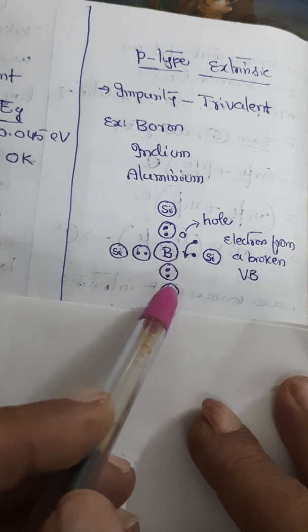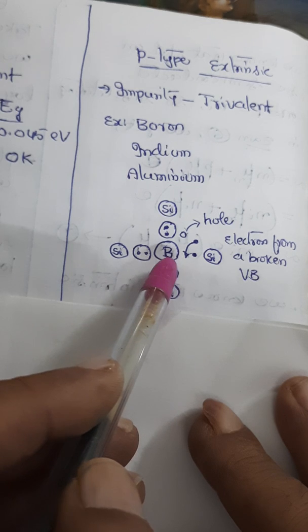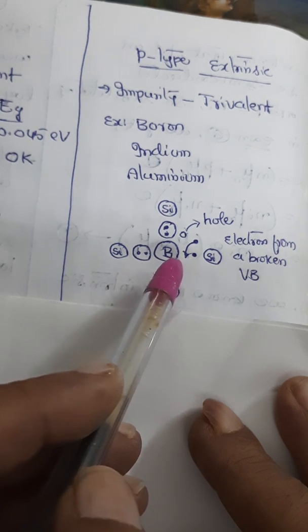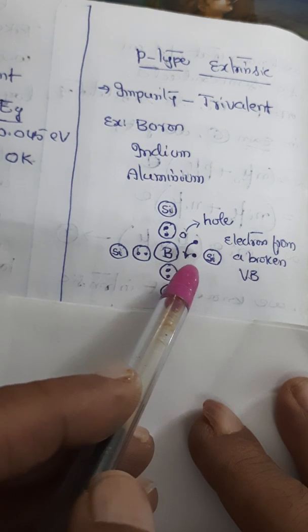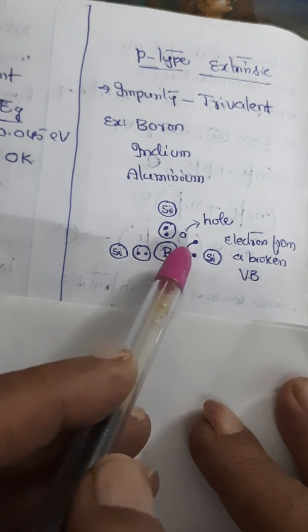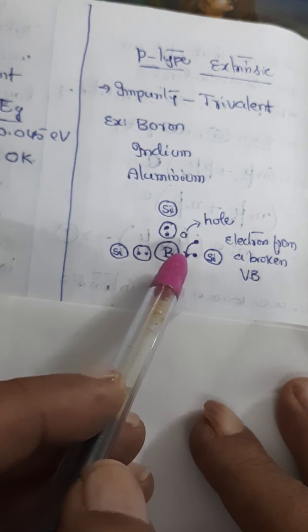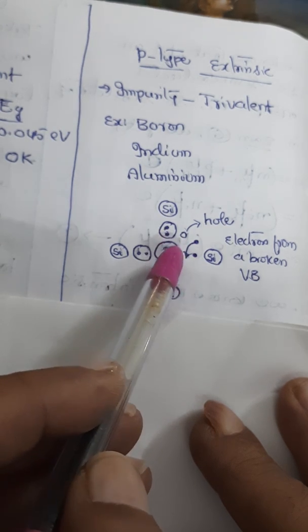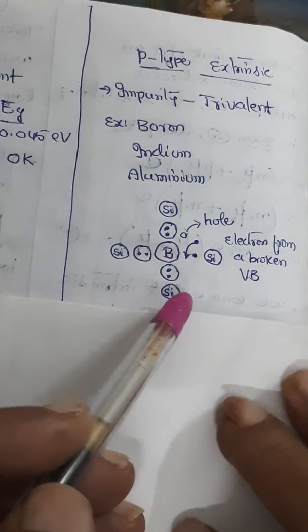This boron will try to form 3 covalent bonds with the neighboring silicon atoms, and one bond is left over with a deficiency of an electron. That is, a hole is created at this position. Since boron is in a position to accept an electron, it acts as an acceptor.